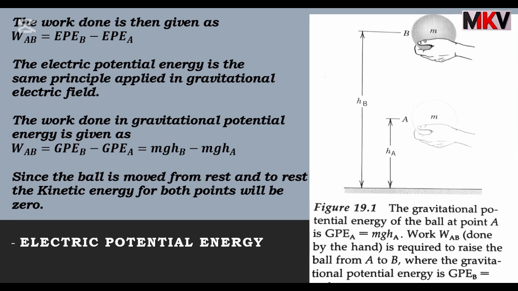So we consider the mass of the object, the gravitational constant, and the height at which we move the object against the gravitational force. Since the ball is moved from rest to rest, the kinetic energy at both points will be 0. At point A, the ball was at rest, and we moved it to point B, and it came to rest as well. So there will be no kinetic energy considered here.